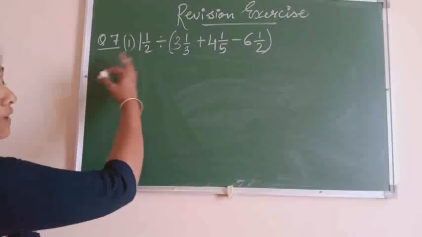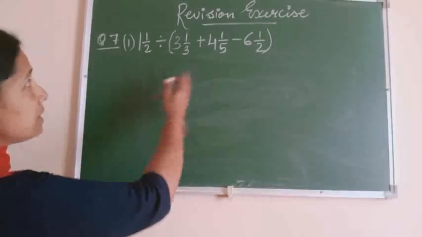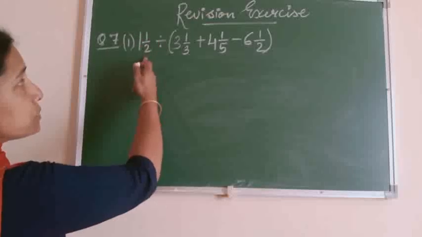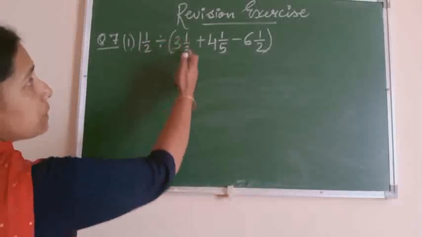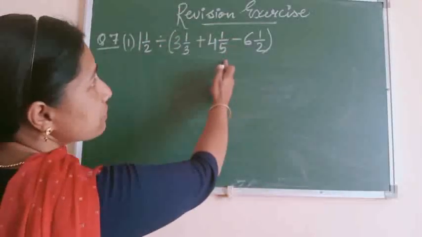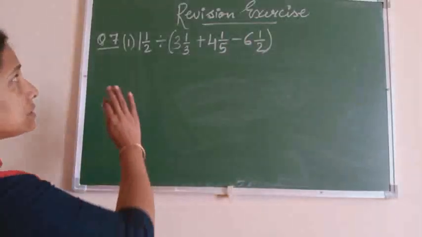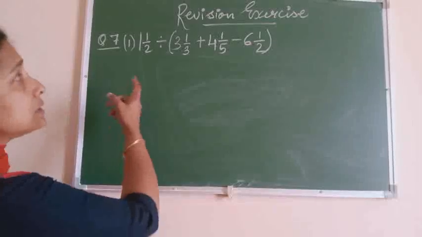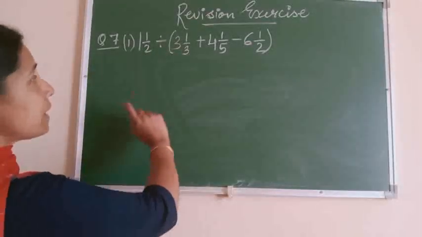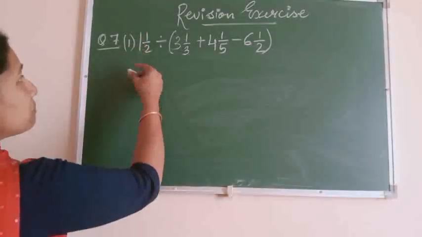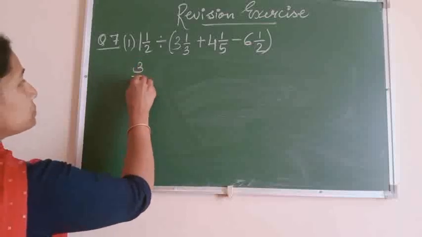The question I have written here is a find the value, or simplification, question. The question is 1 1/2 ÷ (3 1/3 + 4 1/5 − 6 1/2). As you know, you have to convert the mixed fractions into improper fractions. 1 1/2 means 3/2.